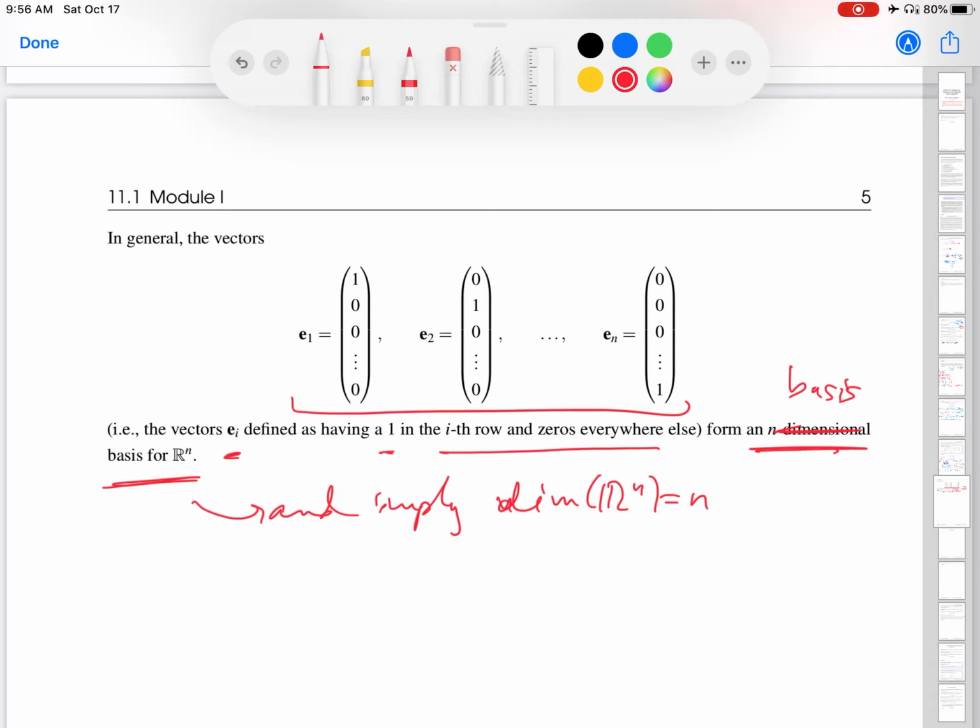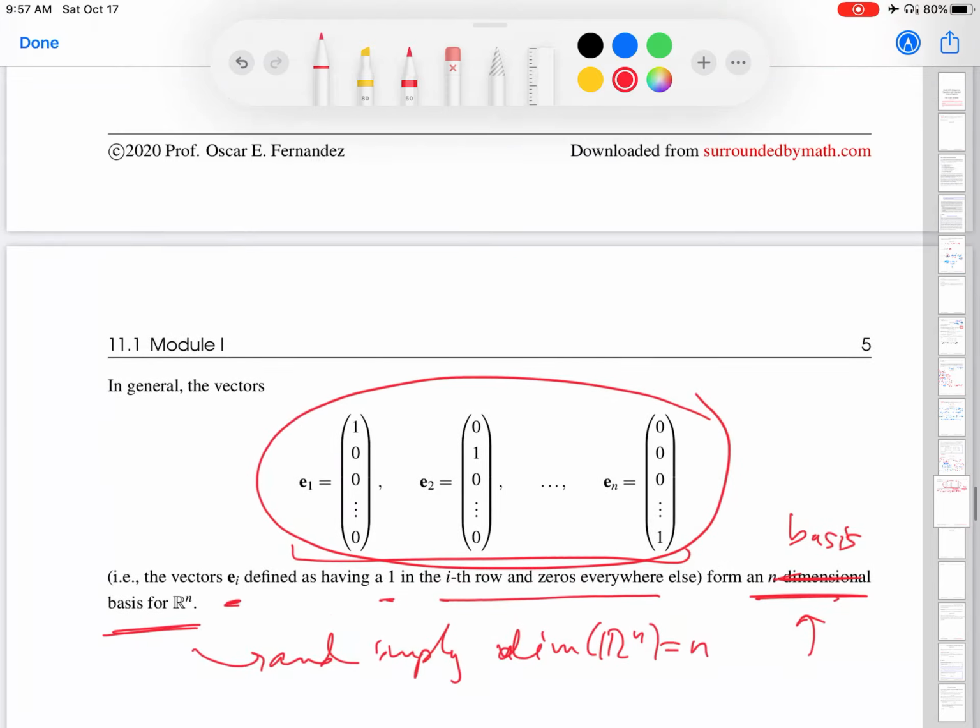Not that what I said is wrong, it's just not going along with the way I've been expressing these concepts in the earlier example. So this is what some people call the canonical basis of Rn, or the standard basis of Rn.